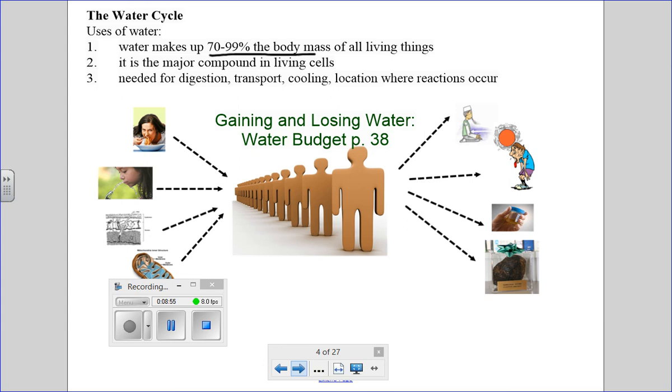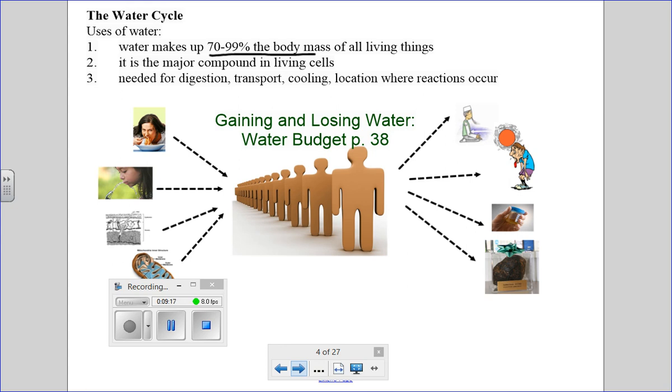water makes up most of the body mass of most living organisms. Now, depending exactly which type of living organism, it could be all of it or it could be less than all of it. Some aquatic things are basically made up all of water. Humans hover somewhere in the 80% range. About 80% of you is water.